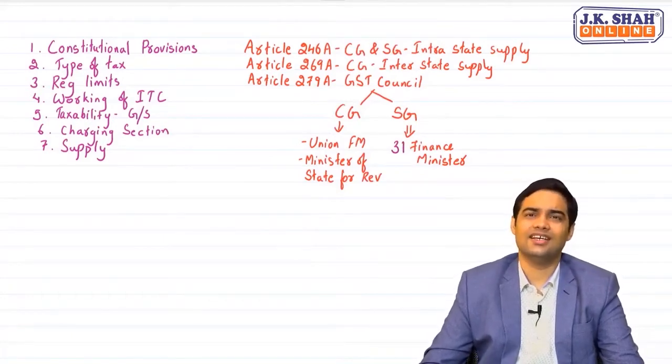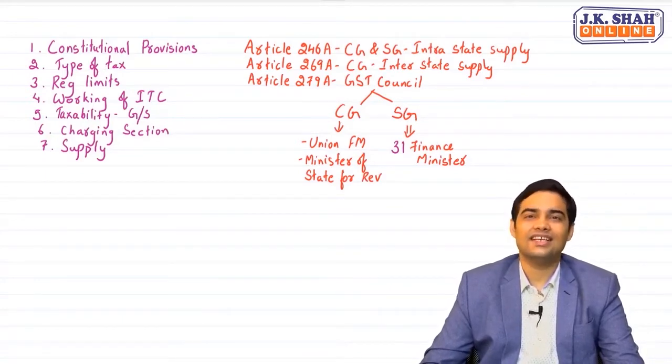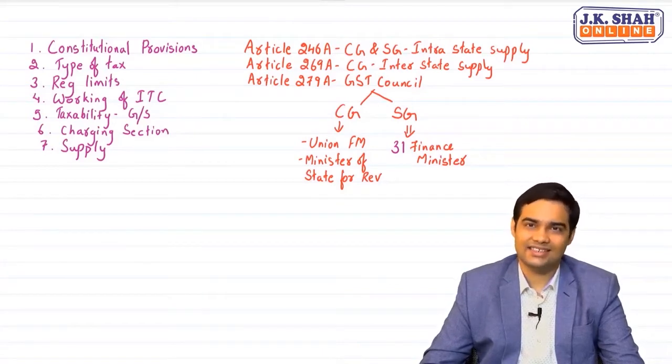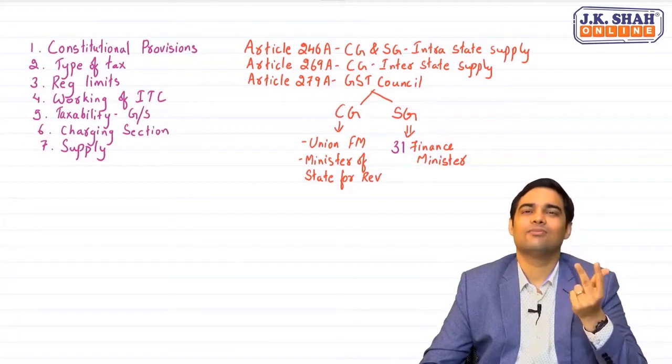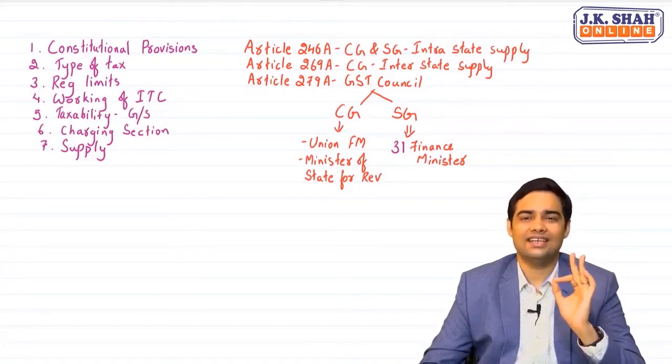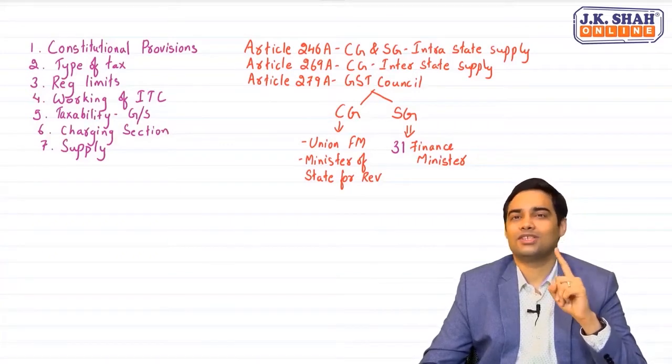But sir, does India have 31 states? Now remember, for the purpose of GST, 3 union territories would be regarded as states. Delhi, Jammu and Kashmir, Puducherry. These 3 will be regarded as states for the purpose of GST.